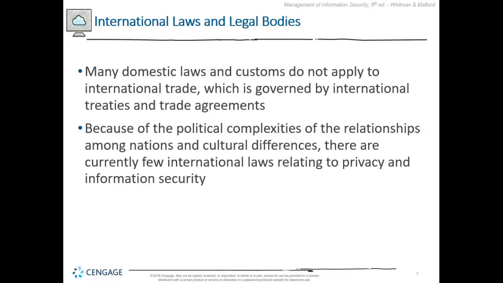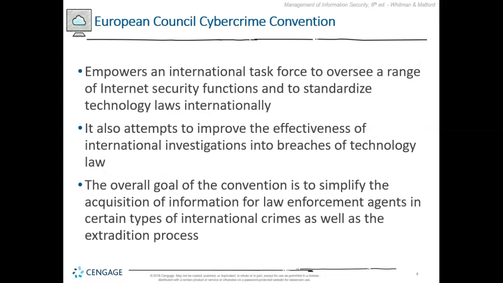For instance, I may have sales to people who live in Europe, so that may make me subject to the General Data Protection Regulation, the GDPR, for instance, in Europe. But these international laws have many complexities, and you need to really understand how they might impact your operation. So we'll look at just a couple and give you some idea.